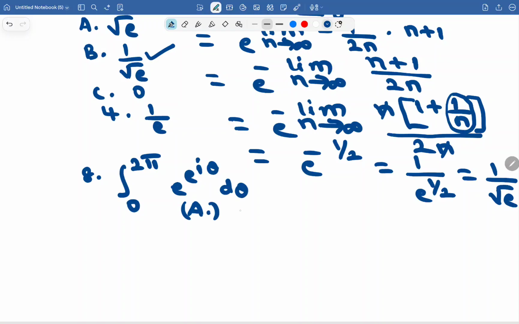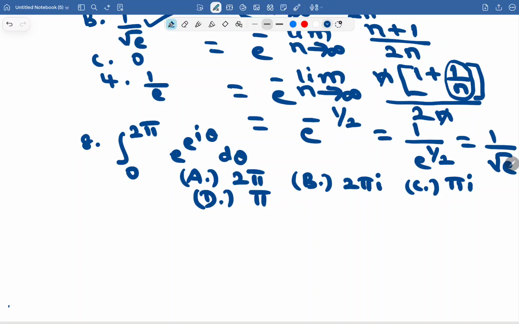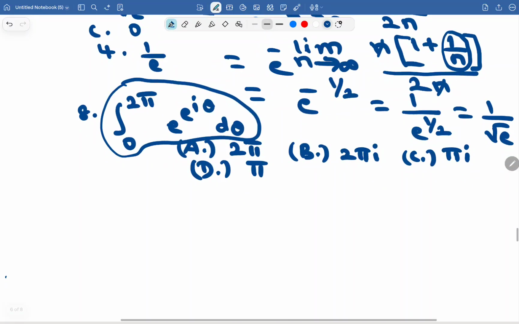Option A 2 pi, option B 2 pi i, option C pi i, option D pi. We have to find the value for the integral 0 to 2 pi e power i theta d theta. From the 4 options, which one among the 4 options is the correct one? We have to find out the value for the integral, which is 2 pi i, whether it is pi i or pi.